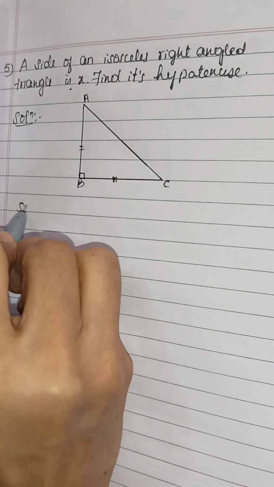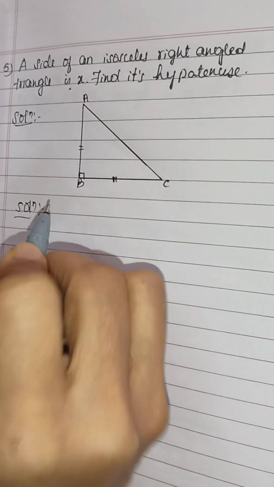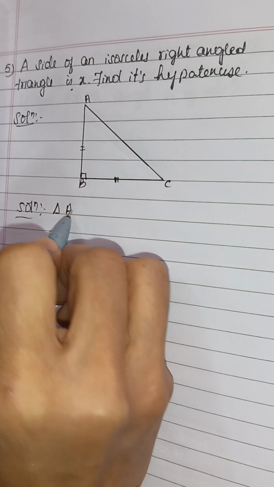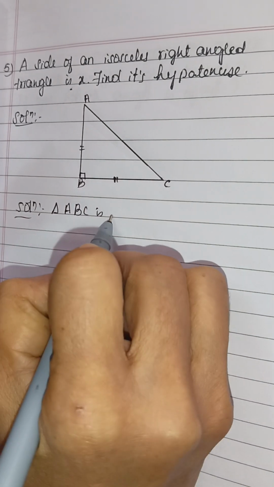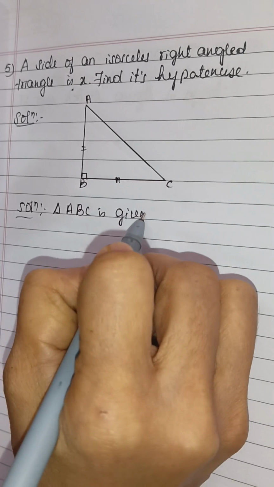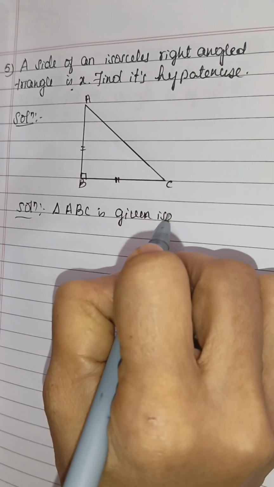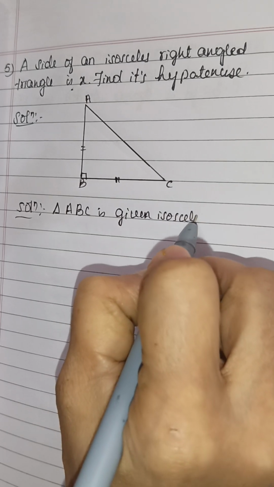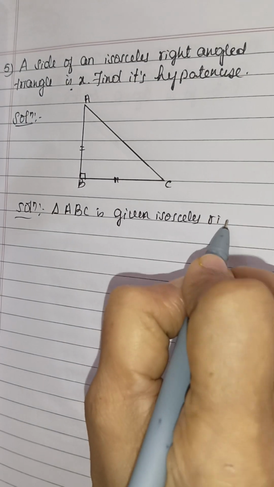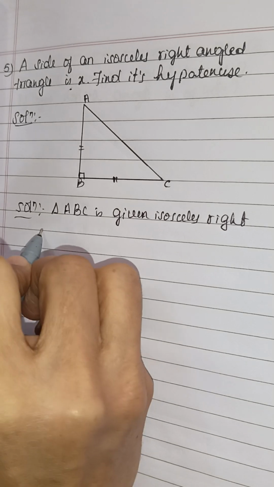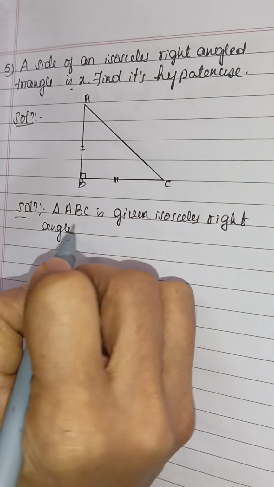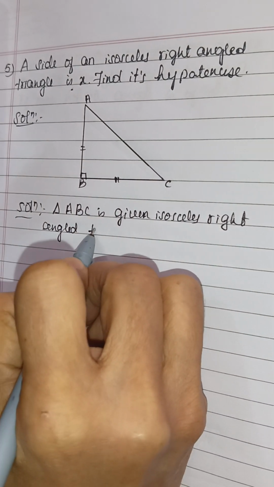The first step of the solution: triangle ABC is a given isosceles right angle triangle.